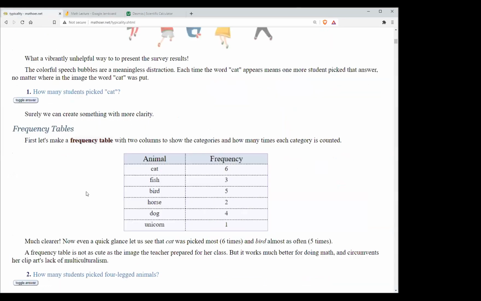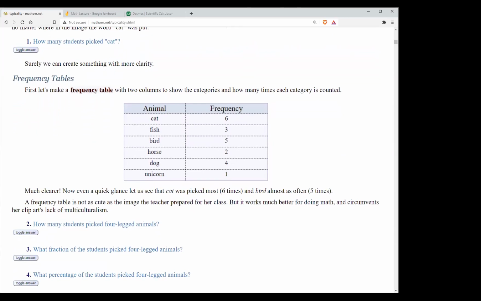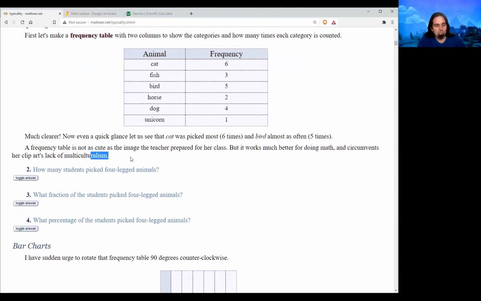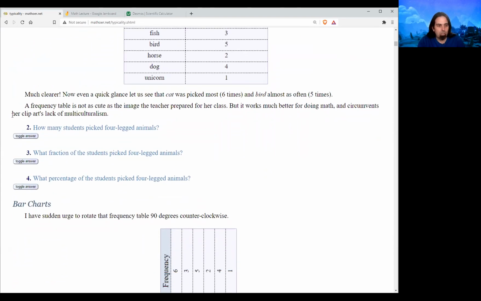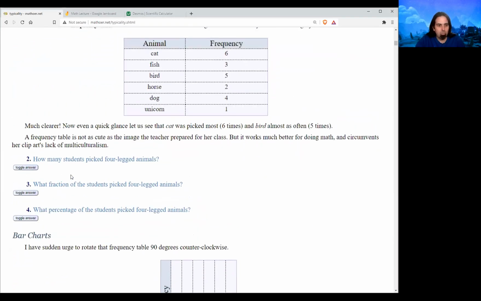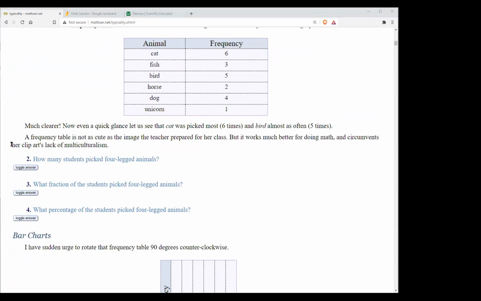Okay, ta-da. I also make a joke that the clip art wasn't very multicultural. The table circumvents that. So we could look at this table. How many students picked 4-legged animals? 11.